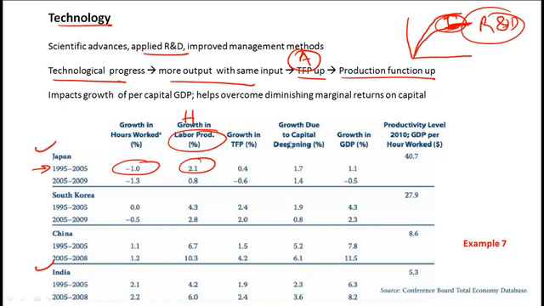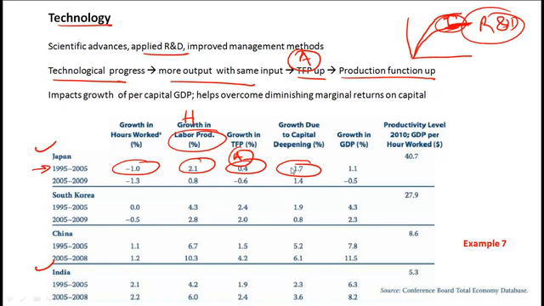Growth due to capital deepening. This means that there was more capital that was invested, and that resulted in some growth. We also had growth in total factor productivity. So our A, which is the total factor productivity, which is already fairly high for Japan, even that went up.